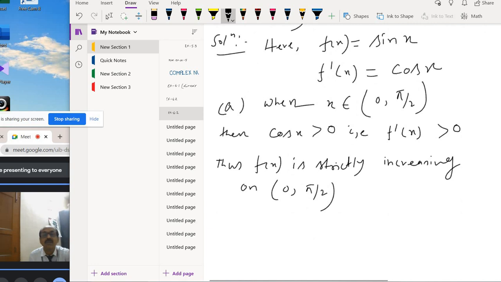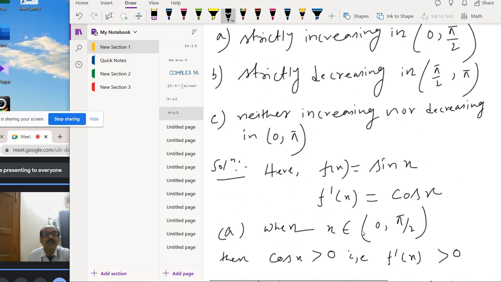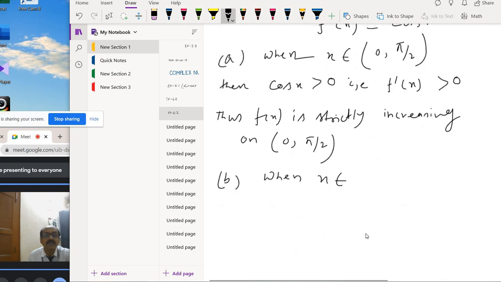Now next one, B. When x belongs to the next interval, pi by 2 comma pi. So between 90 to 180 degrees, we know cos 90 is 0 and cos pi is minus 1.